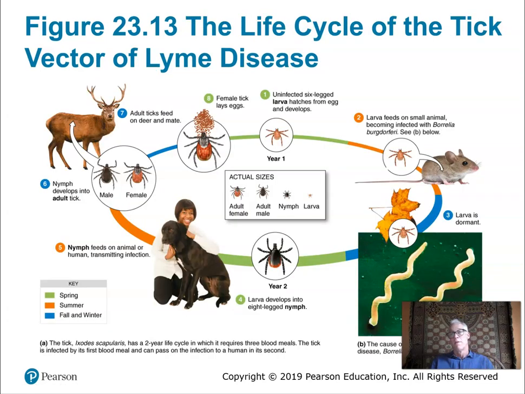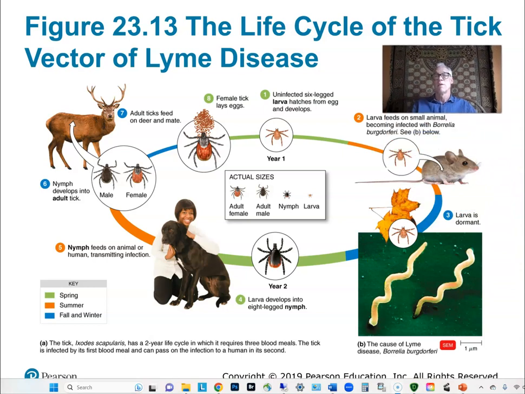So here's kind of the little diagram showing the life cycle. We have ticks. They feed on the deer for a blood meal so they can reproduce, and the female tick lays eggs, and the larvae hatch and get onto the mice, and the mice get infected with Borrelia, and then the ticks mature and they get onto dogs or onto people.